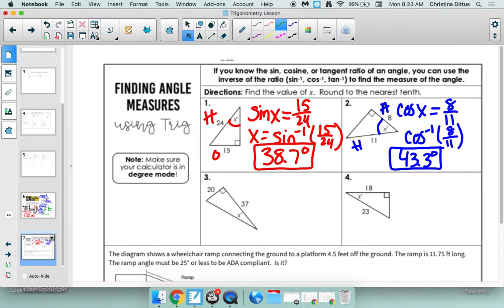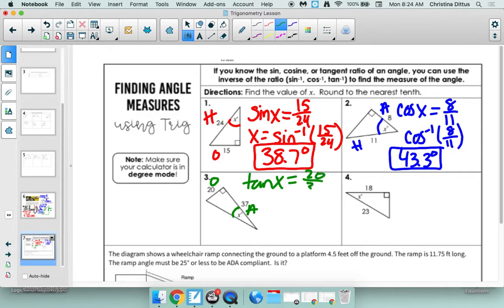Alright, questions on number 2? These are easy. Number 3, how does 20 relate? Opposite. How does 37 relate? Adjacent. So CAH or TOA? TOA. So I'm taking the tan of my angle. 20 over 37 or 37 over 20? 20 over 37.